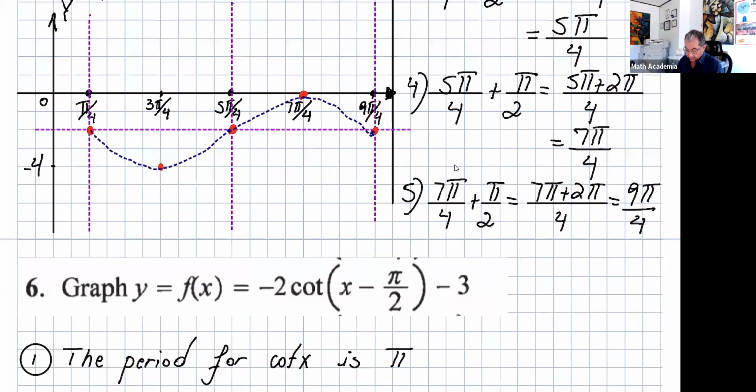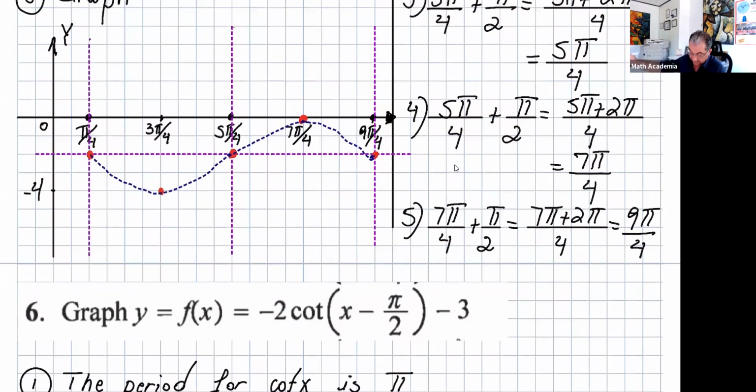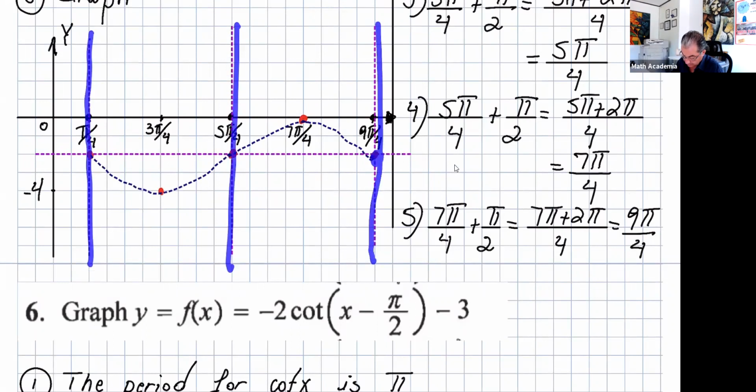But we want cosecant and not sine. We know wherever sine crosses the axis, it's 0 for that function. So 1 over sine is going to be 1 over 0, which is undefined, so you're going to have your vertical asymptote. Each time sine crosses the axis, cosecant is going to have a vertical asymptote.